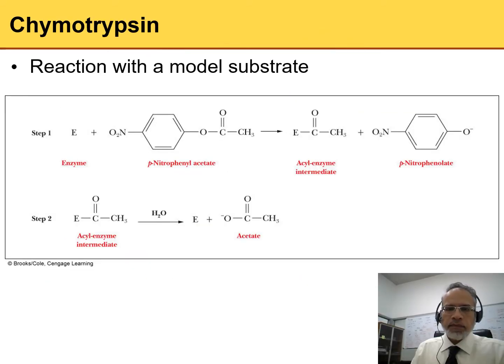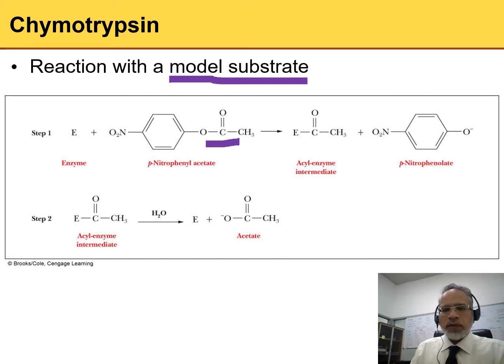To study chymotrypsin, they created a substrate. They created a model substrate. This is very common in biochemistry. They take a substrate that looks like your real substrate. The real substrate would be a peptide bond, so this is not a peptide bond, but to the enzyme it looks similar to the peptide bond.